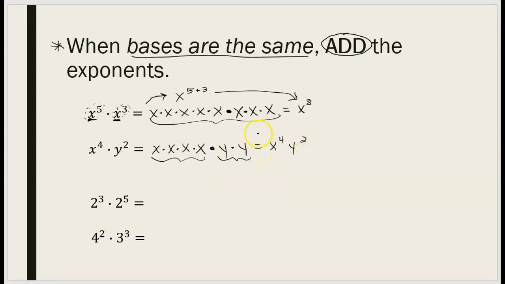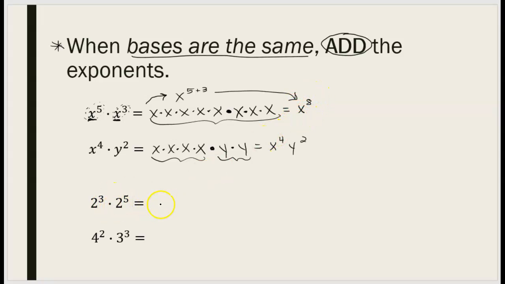This x to the 4th y squared, which is essentially the same thing you saw over here, I'm just not showing the multiplication sign, is as simple as I can write this. But in contrast, this x to the 5th and the x to the 3rd power, because the bases are the same, can be written in one single expression of x to the 8th power.